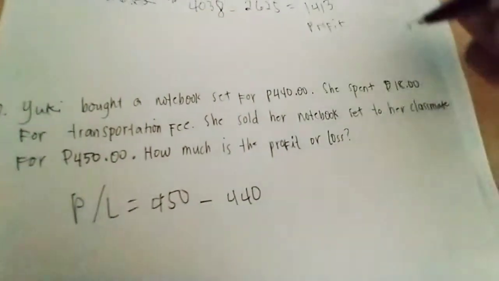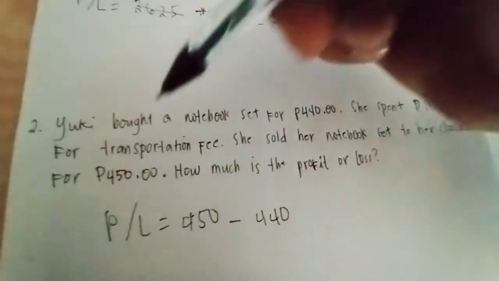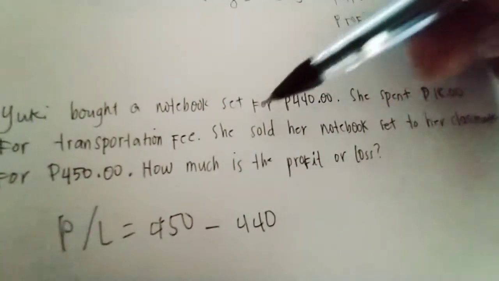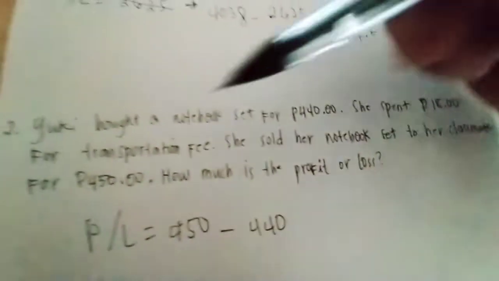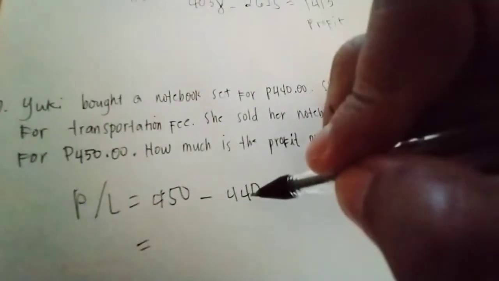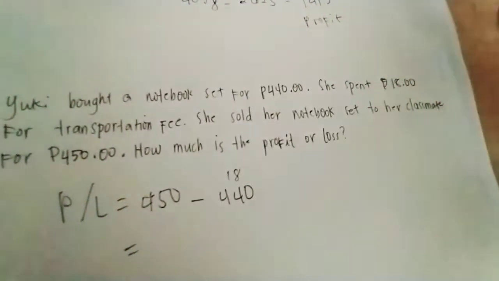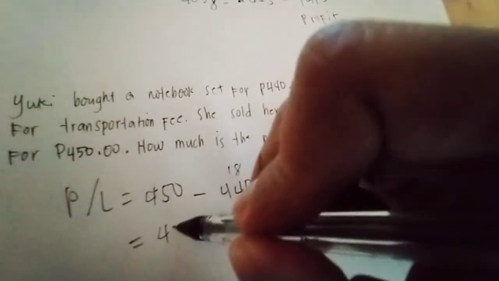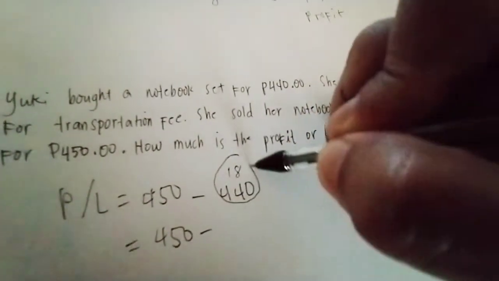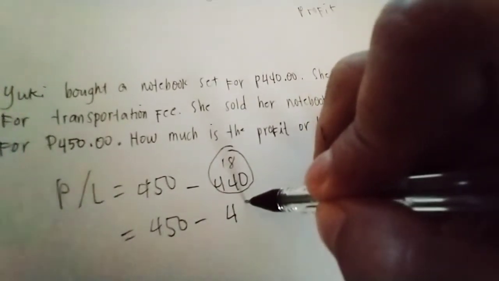Kaya lang, dito, meron pa siyang, she spent 18 pesos for transportation fee. Then, after that, she sold her notebook set to her classmates for 450. So, dito, meron ka pang expense, isasama mo siya sa cost, no? Meron pa siyang plus 18 pesos dyan. So, 450 minus 440 plus 18, that is 400, ilan?